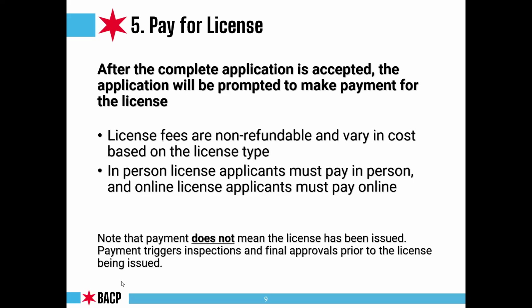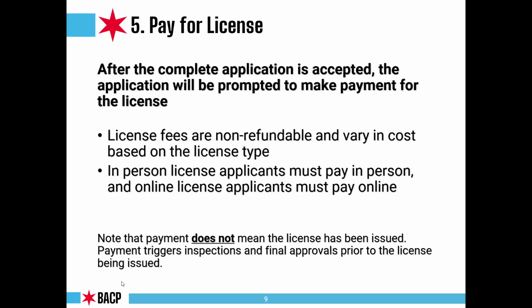Another example of how the license cost varies: on average, most licenses are about $250. However, if you're opening up a child care facility, I think that license is like $165. And so the license fees do vary based on license type, but it's super important to note that they're not refundable.